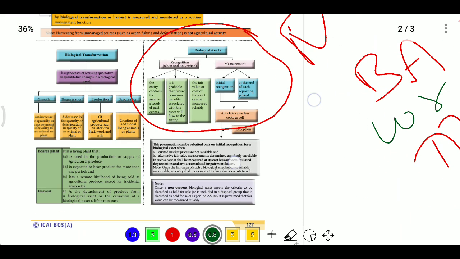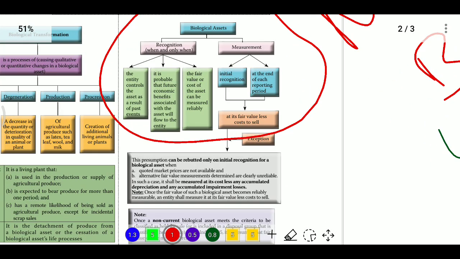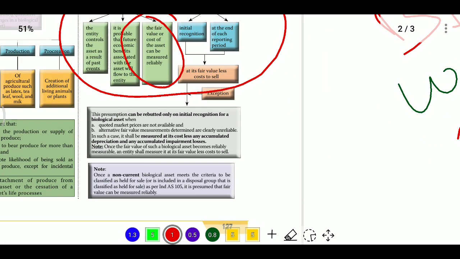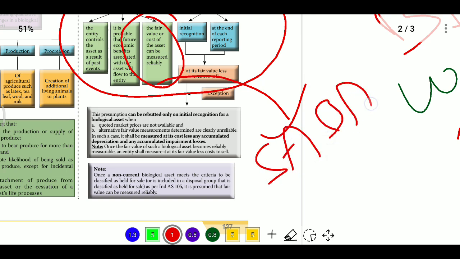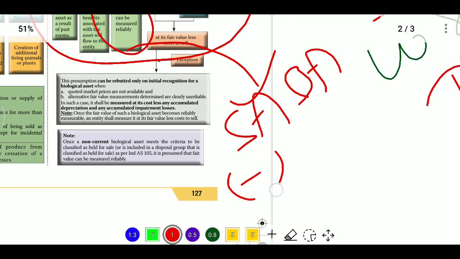Now fair value less cost to sell. What does it mean? Whatever the sale price of the biological asset, from this we need to deduct the cost to transport the asset to the auction place borne by the seller.